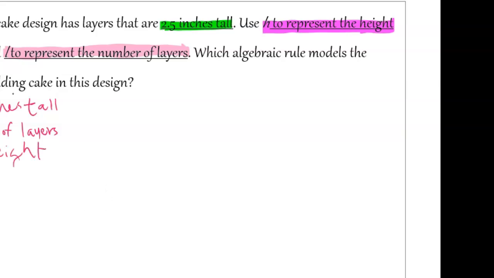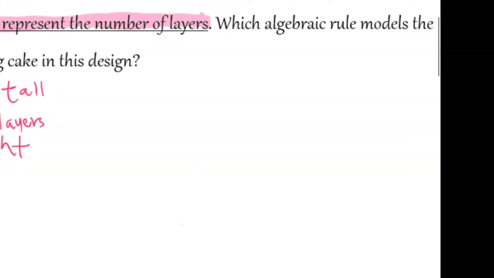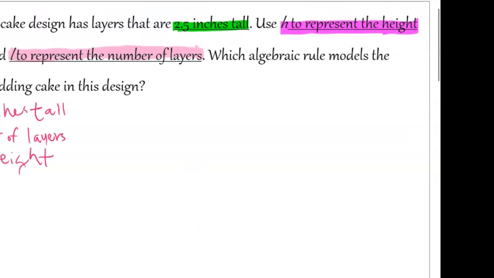So now if we complete the setup, how can we set this up to an algebraic rule? So again, we want to identify the height of the wedding cake design. So to start, we know that we're trying to identify the height.